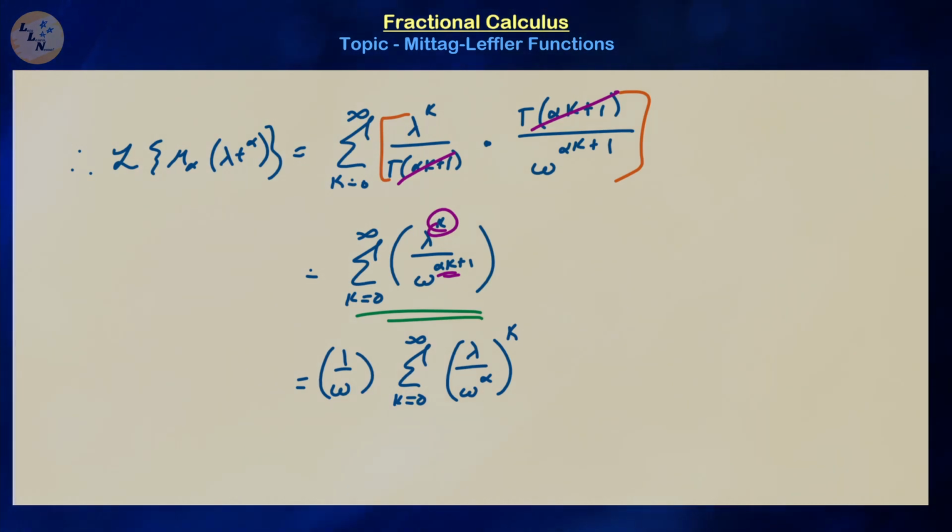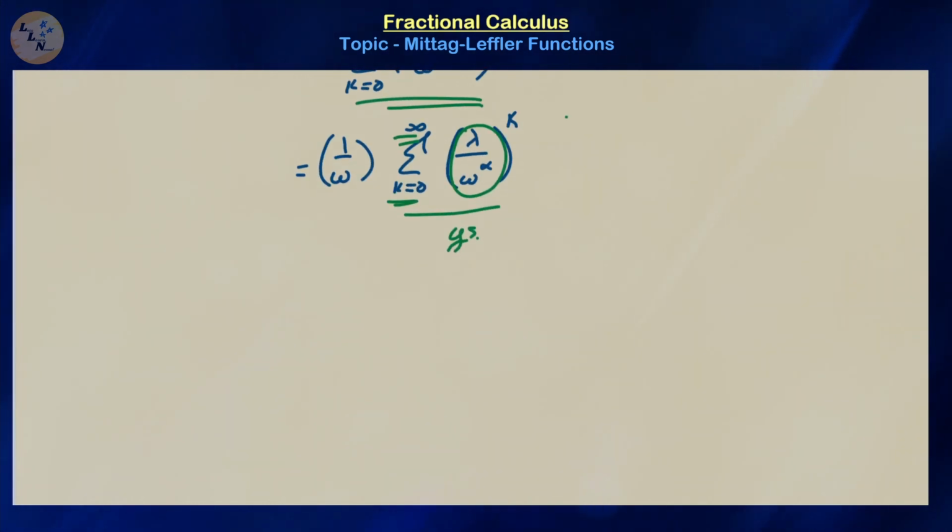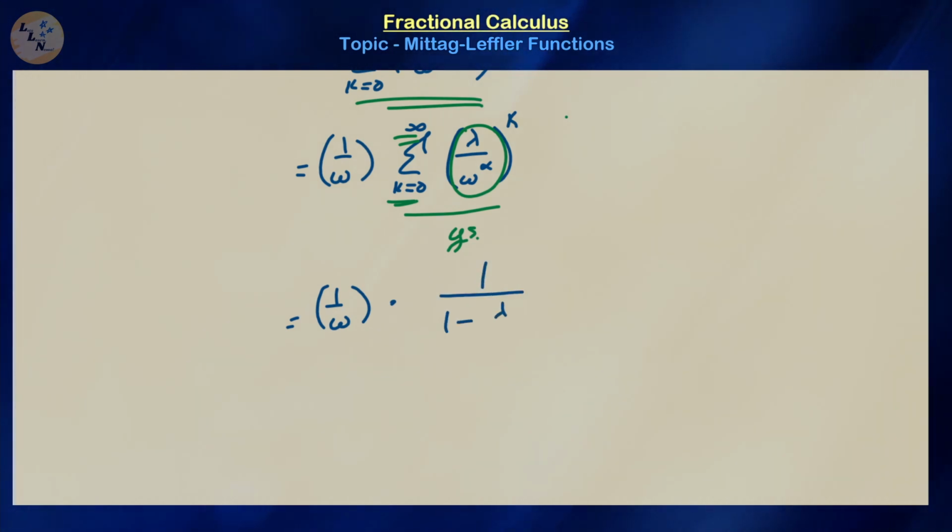Now notice that this is just something to the power of k from 0 to infinity, so this is just a geometric series, which converges as long as that term, in absolute value, is between 0 and 1. So if that is the case, this is just going to be equal to 1 divided by omega times 1 over 1 minus that term, lambda over omega to the power of alpha.